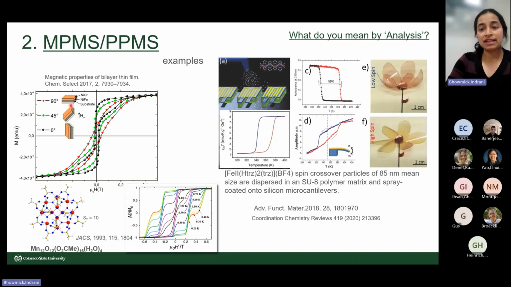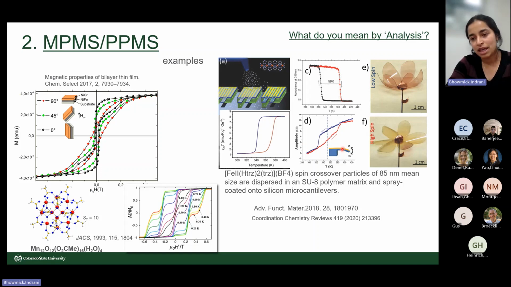Here is an example, this one called spin crossover system, where you can see at some temperature, this sample has almost no magnetic moment, or very little, and then it jumped up around the temperature too. So what happens is inside that molecule, it goes through a change from low spin to high spin. I'll not explain that, but using this thermal hysteresis, it's similar, but when you cool versus heat, the cycle is different.